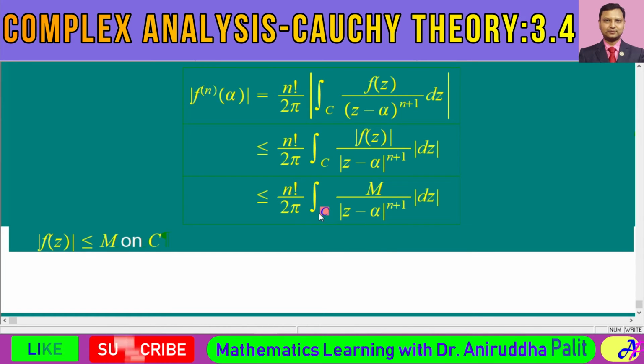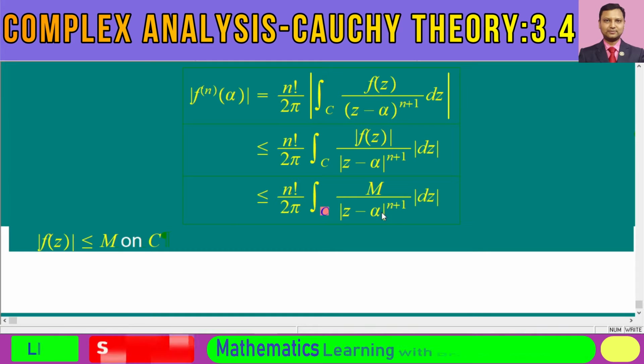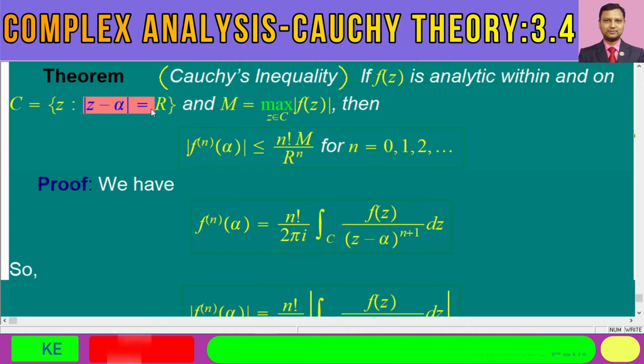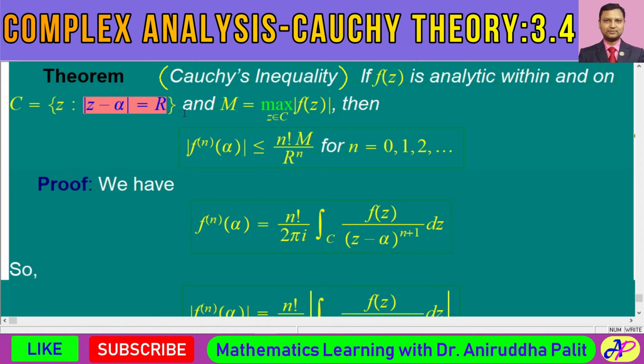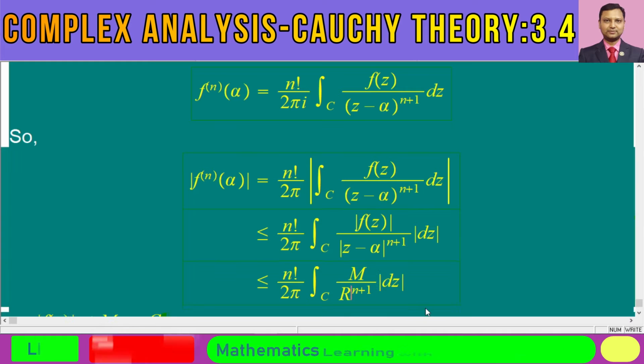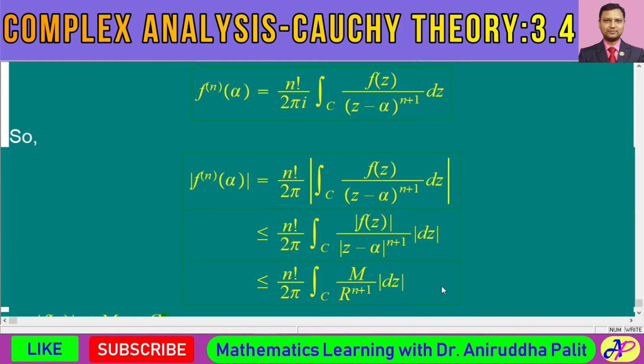And on this curve C, if you look at the equation of this curve, we have the modulus of z minus alpha is equal to r. So in place of this modulus of z minus alpha, we can put capital R. All right.